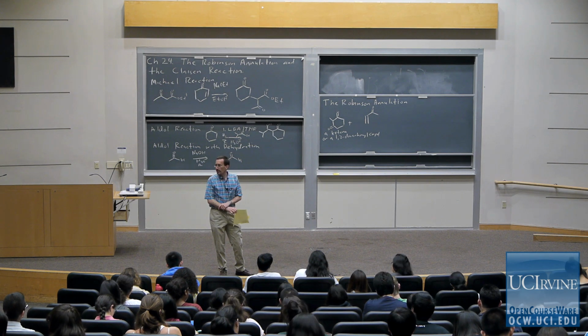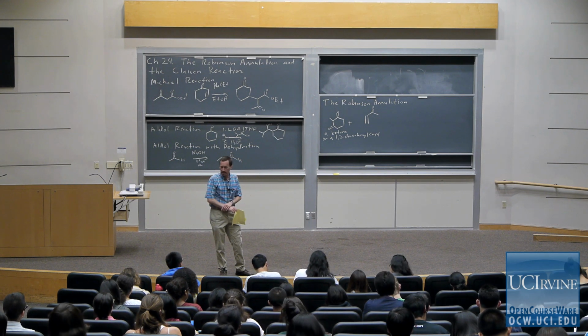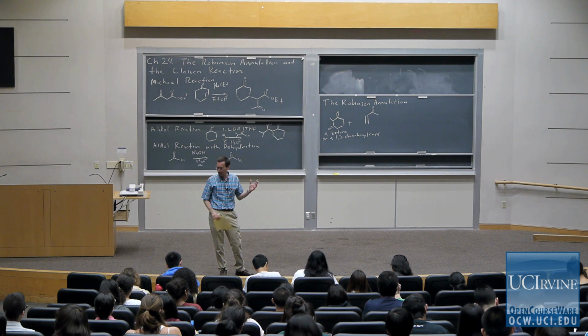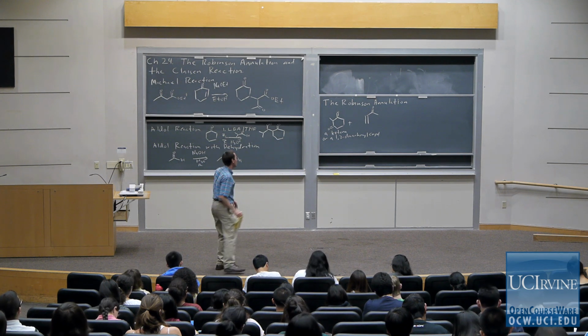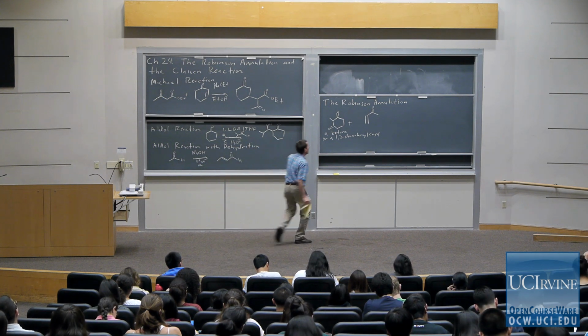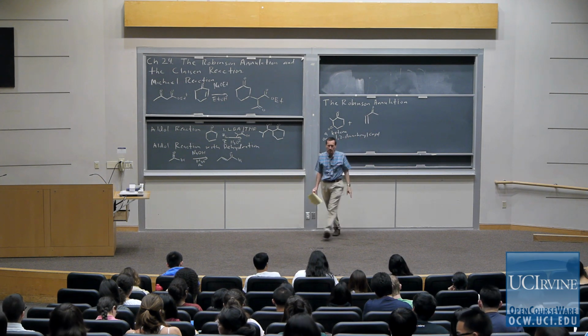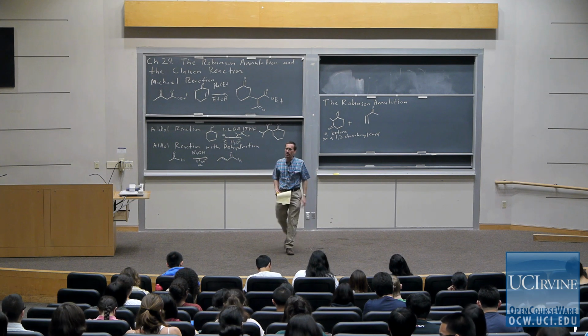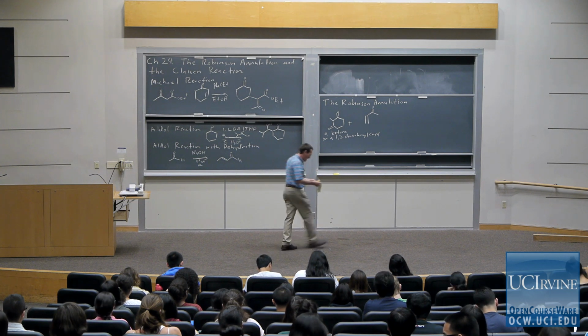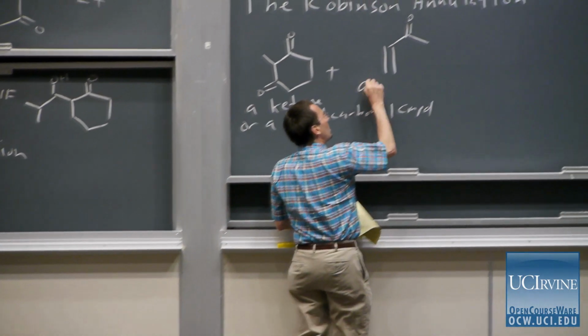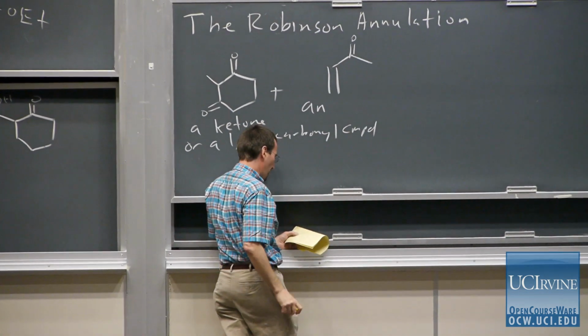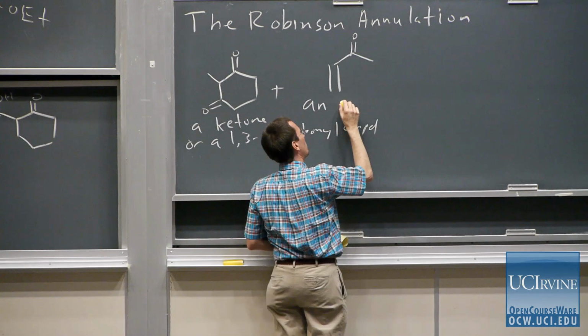Every practicing organic chemist who does a Robinson annulation will call this methyl vinyl ketone, a nickname because you have on one side of the ketone a methyl group and on the other side a vinyl group. If you really want to sound in the know, you could call it MVK. Anyway, this is an archetype for an alpha-beta unsaturated carbonyl compound.